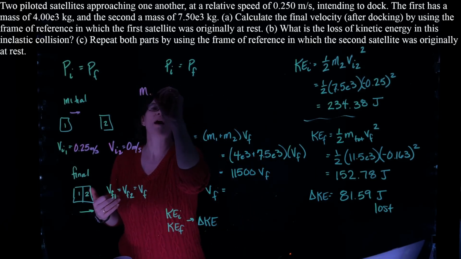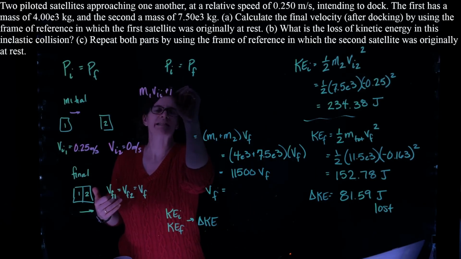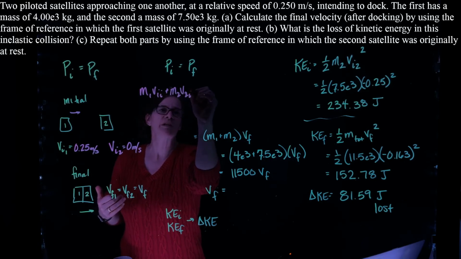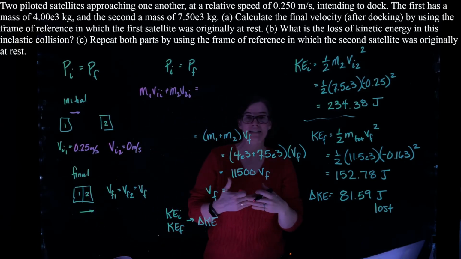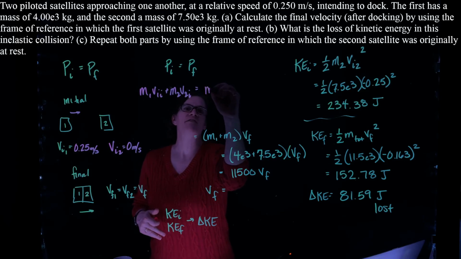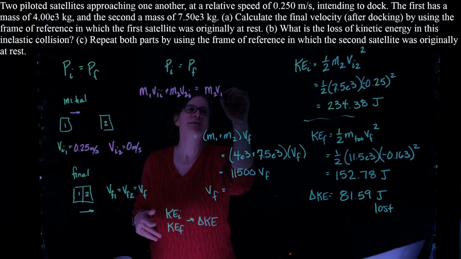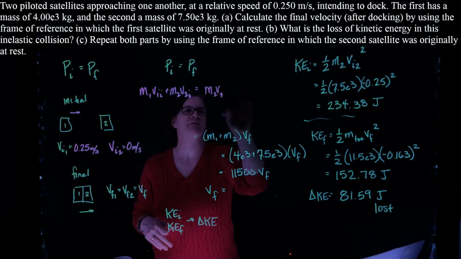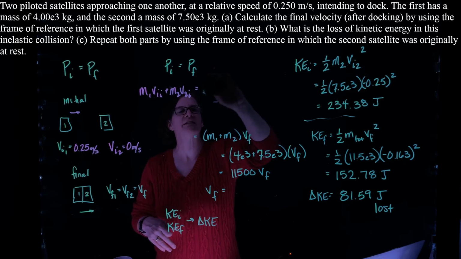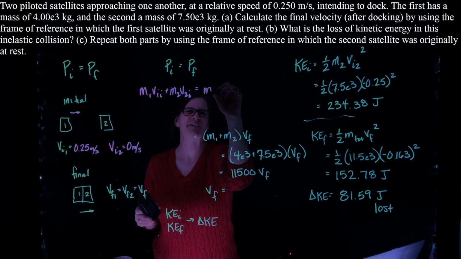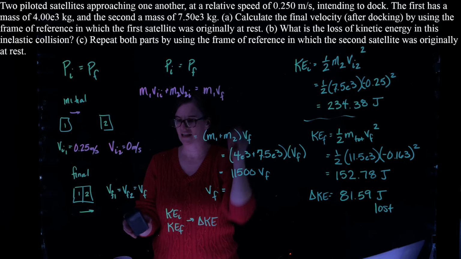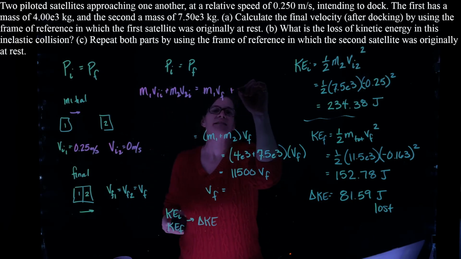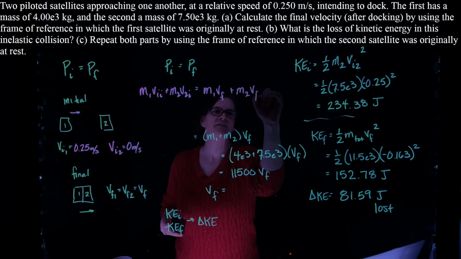Okay. So I'll do this one in pink. So M1 V1 initial plus M2 V2 initial has to equal the system's momentum on the final. So M1, mass 1, V final, again, they're the same, plus M2 V final.